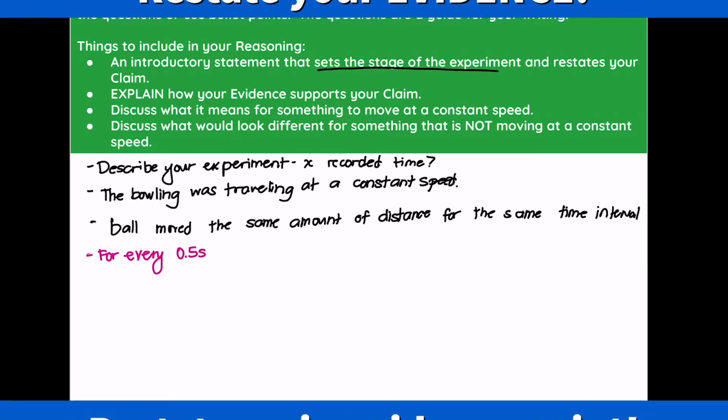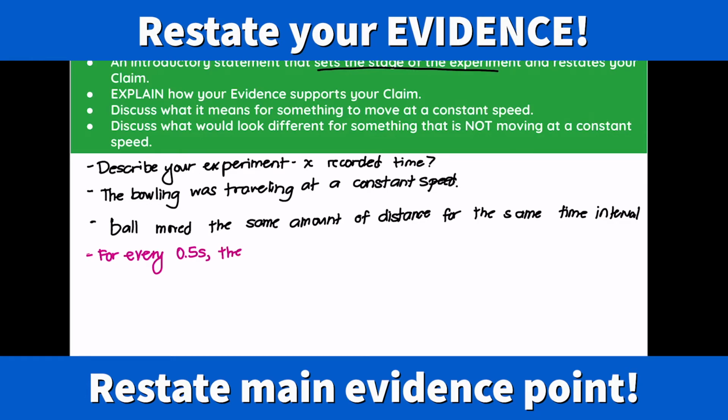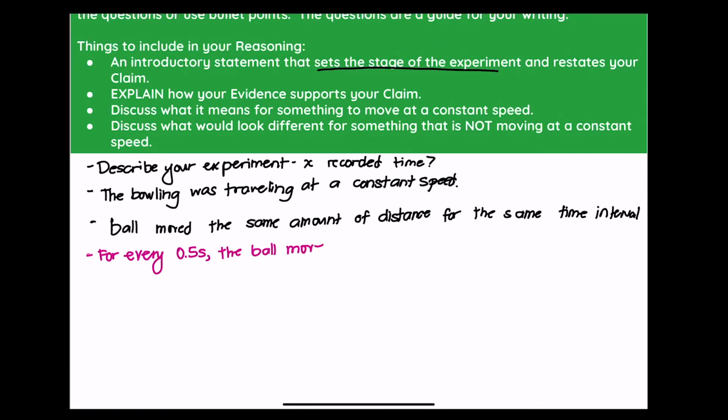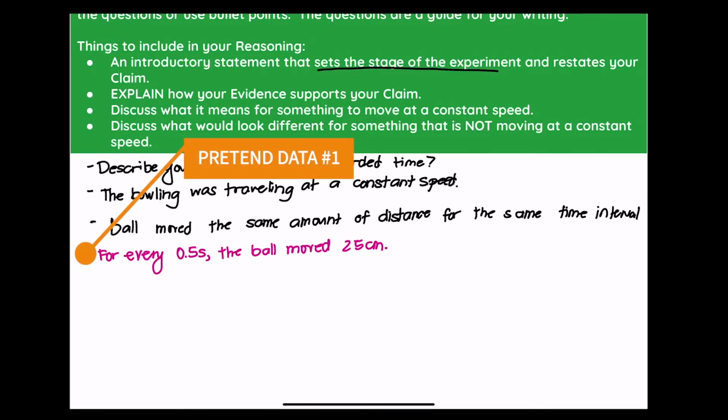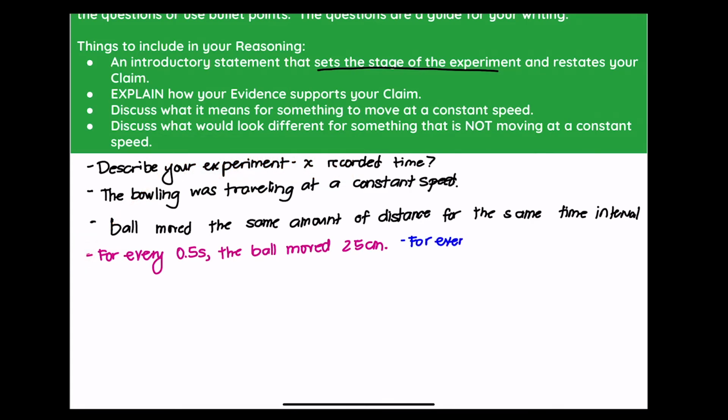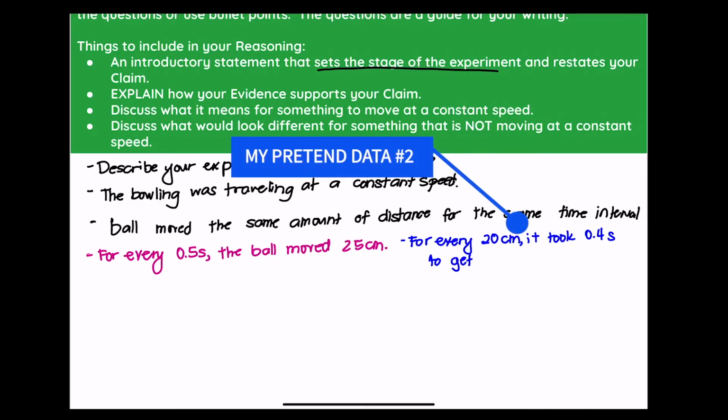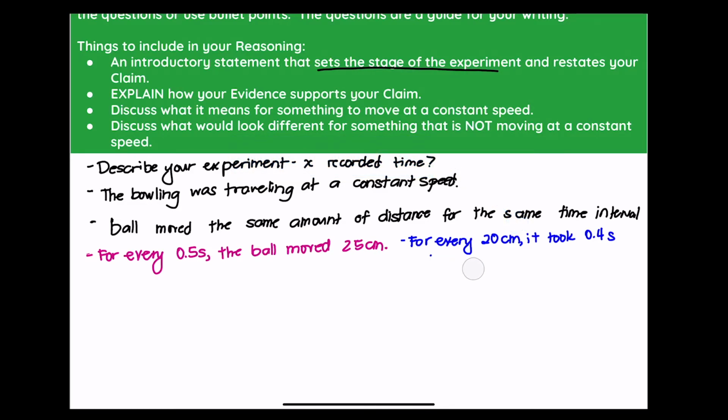For every 0.5 seconds, the ball moved 25 centimeters, or whatever your data is, right? My other pretend data said that for every 20 centimeters, it took 0.4 seconds to get there, or to travel, or whatever it is, right?